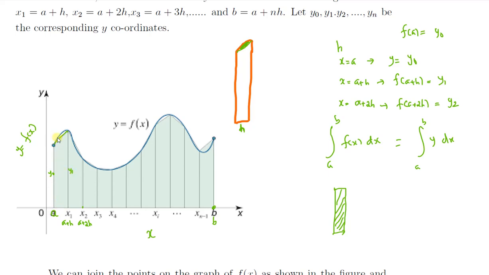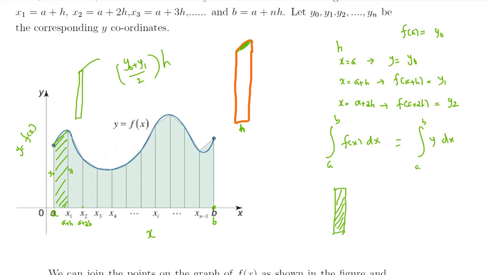So we can almost consider it as a rectangle. h is very small, so almost these are the same. So we can take the average height as y0 plus y1 by 2, then multiply with h. This will give the approximate area of this portion.